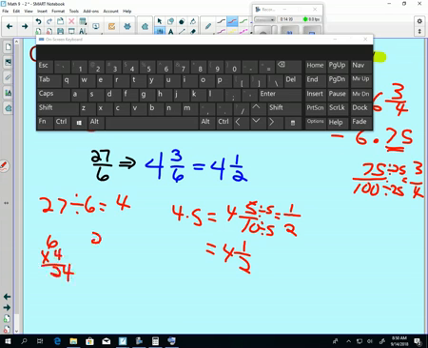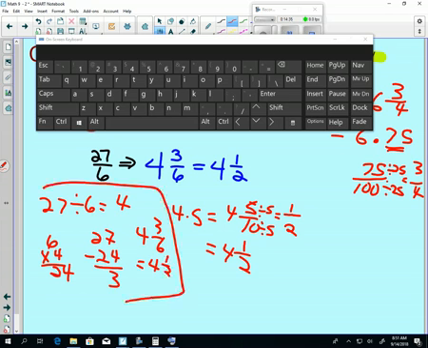And I have 27, so it means I have 3 left over, so that would be 4 and 3 over 6, which is 4 1/2. So there's two ways of doing it. There's this way, or using your calculator and then changing your decimal back to a fraction. Okay?